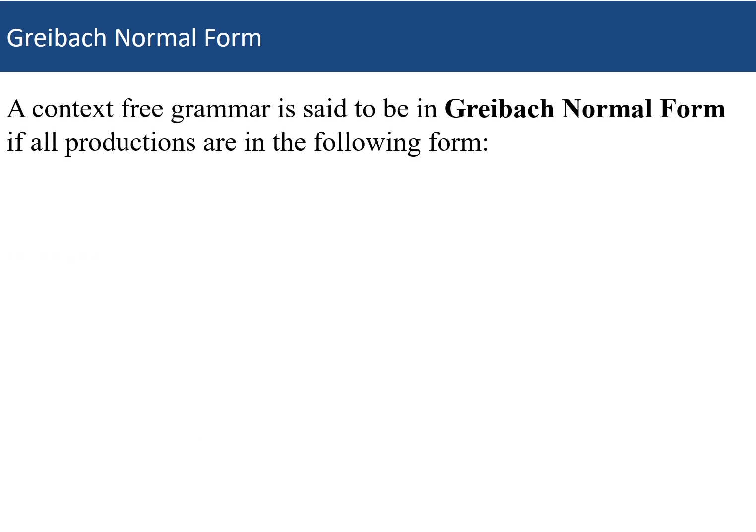Now understand the definition of GNF. A context free grammar is said to be in Greibach Normal Form if all the productions are in the following form: A gives alpha X, where A is a non-terminal symbol. Then what is alpha?